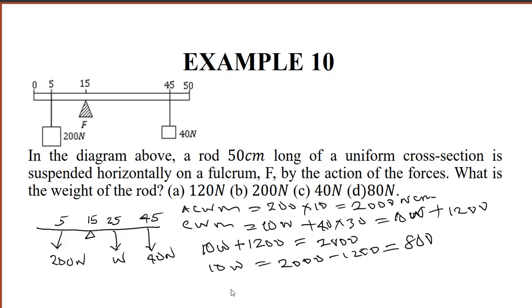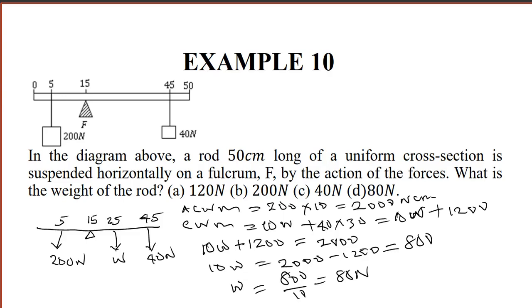So divide both sides by 10. W is equal to 800 over 10. That will be 80 Newton. So the weight of the beam is 80 Newton.